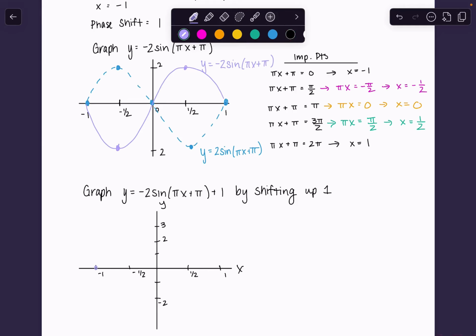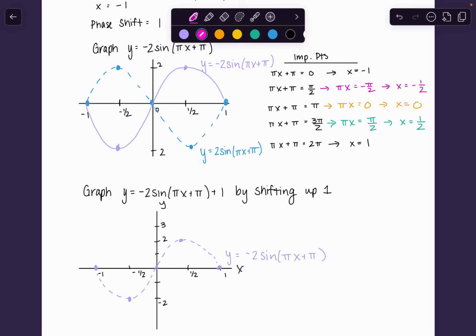So my original graph was here, then we were at -2, then at 0, then at 2, then at 1. And again, I'm just going to sketch this in because it is just the graph without the shift. So this is -2 sine of pi x plus pi.